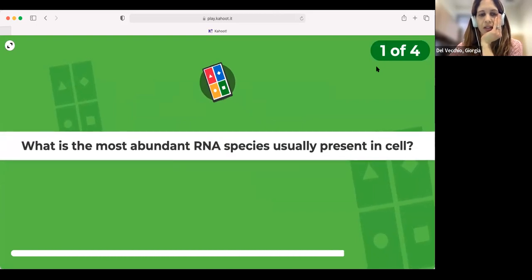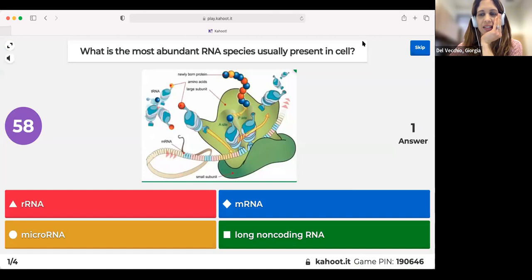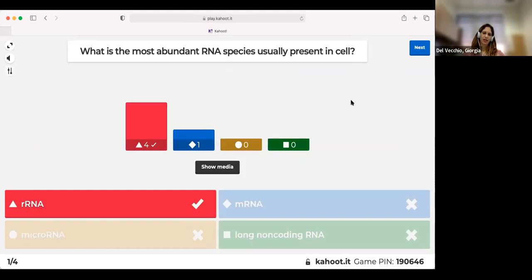What is the most abundant RNA species usually present in the cell? I think I stress this a lot, so hopefully I delivered the message here. What is the most abundant RNA? Maybe the picture will help you. Okay, so the most abundant RNA is the ribosomal RNA.